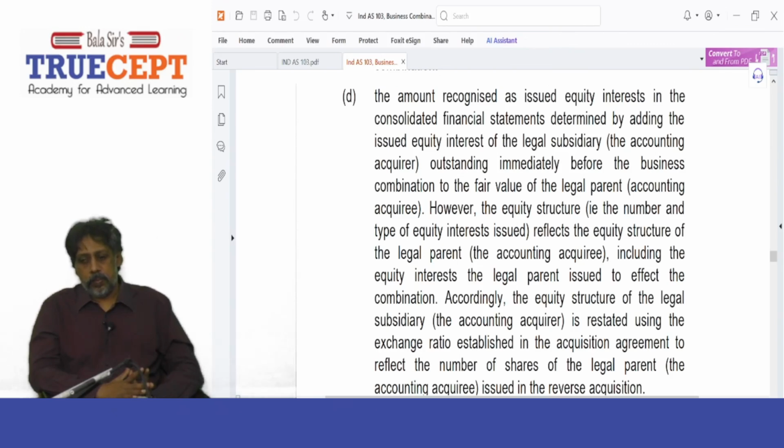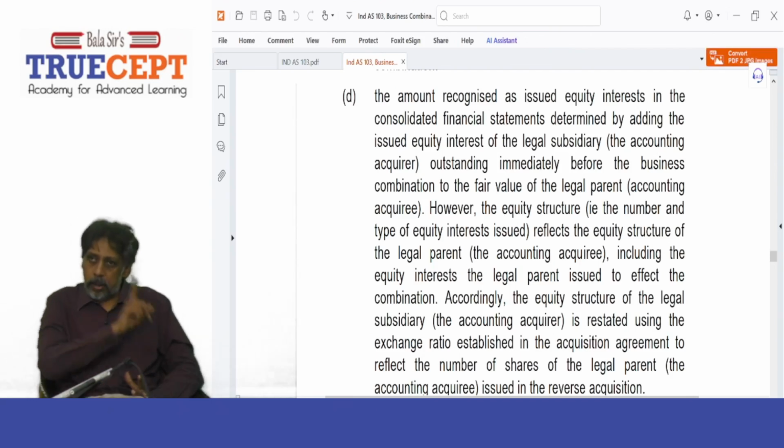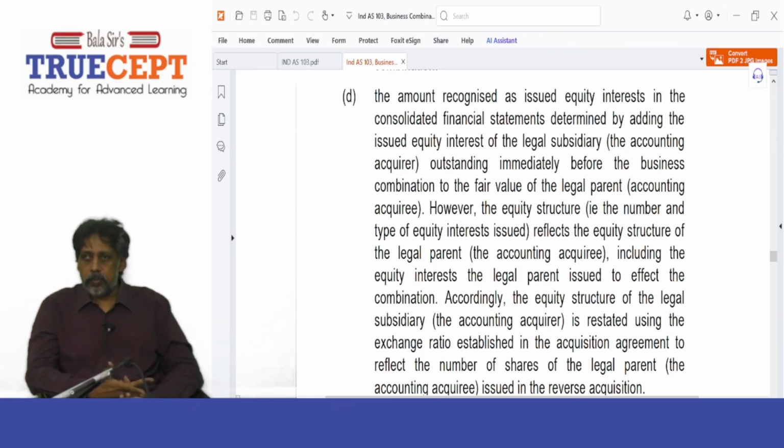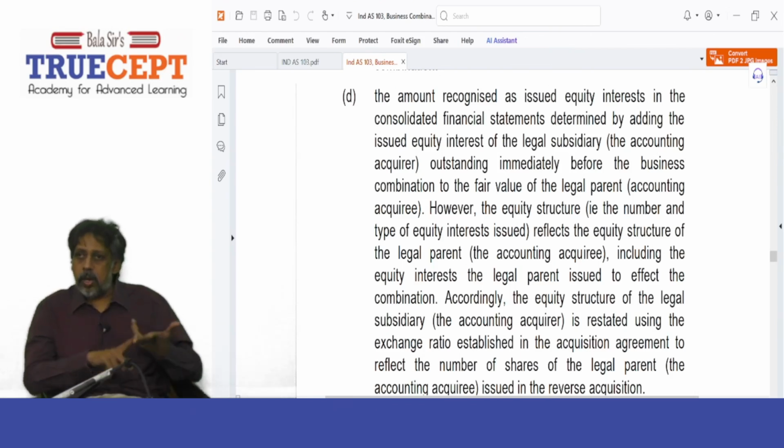However, the equity structure, that is the number and the type of equity interests, reflects the equity structure of the legal parent, the 250 shares, including the equity interests the legal parent issued to effect the combination to the owners of the legal subsidiary.